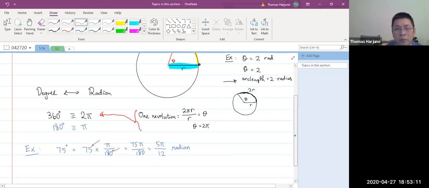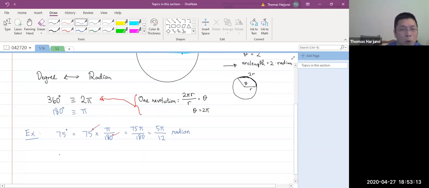Now this is in radian. Suppose I have the one we had earlier. How about 2 radian? What is that in degrees? 2 radian in degrees, now that's 2 times, if I want to make it into degrees, I multiply by 180 degrees, and then I cancel the radian.